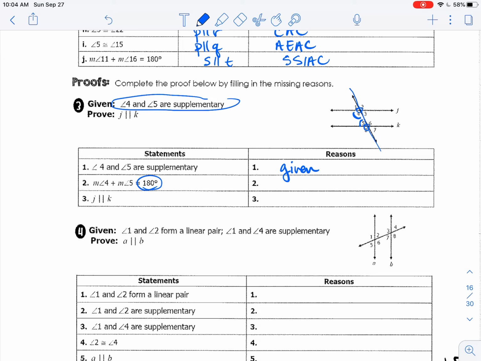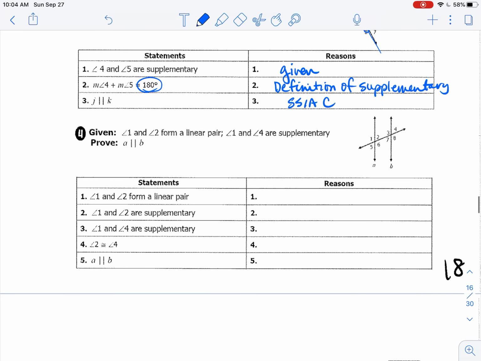And if they're supplementary, that means they add to 180. So the definition of supplementary. And we can prove that J is parallel to K because these are same side interior angles converse. It identifies that those two lines are parallel if those two angles are supplementary.